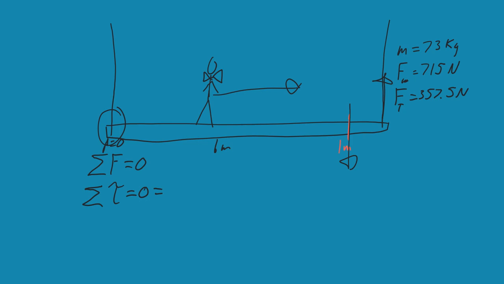So if I'm 1 meter away, that means I'm 5 meters from the left side. So it's going to be my force of weight multiplied by the radius, which is 5. And then I'm going to add it with the force of tension, and it's going to be 6 meters away. So I'm going to solve for the force of tension.